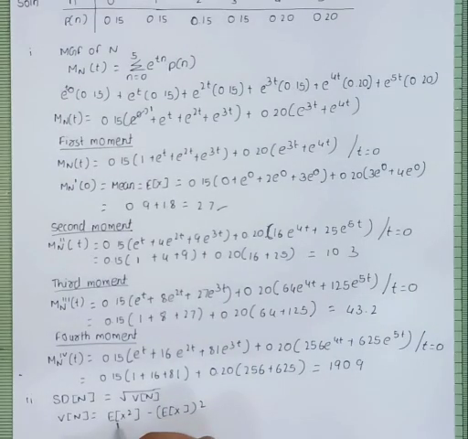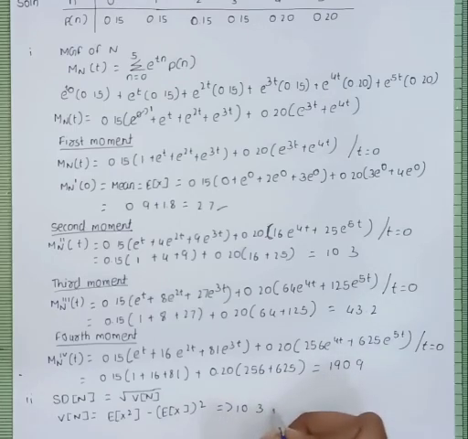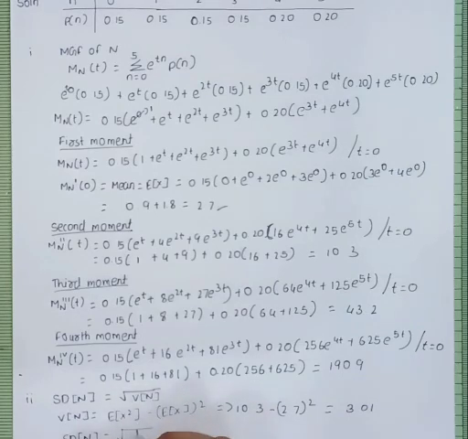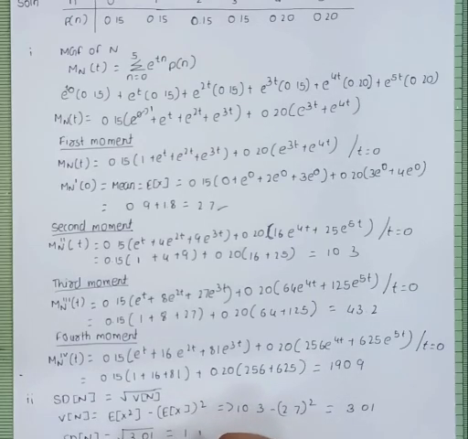E of X square is the second moment, that is 10.3, and E of X is the first moment, that is the mean, so that will be 2.7 the whole square. Hence the variance is 3.01. So our standard deviation will be SD of N equals root of 3.01, which is nothing but 1.73. This is our standard deviation.